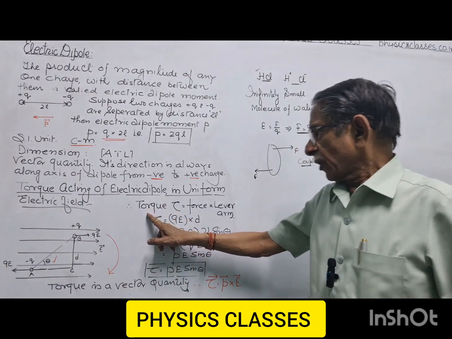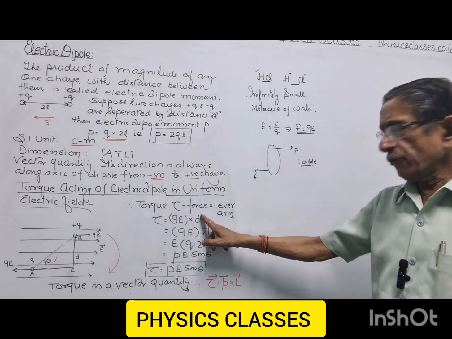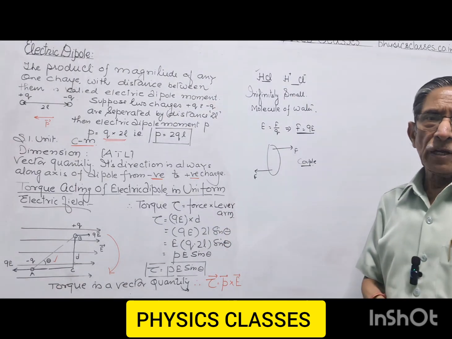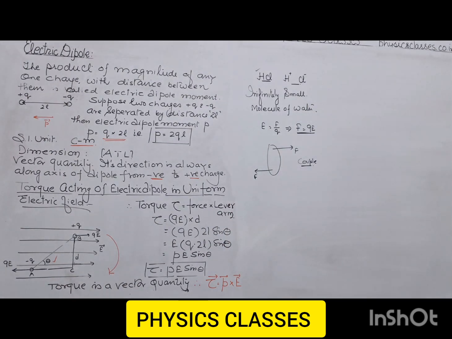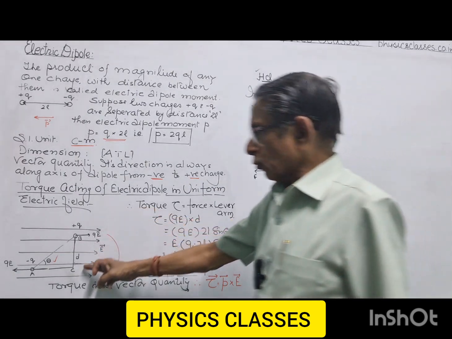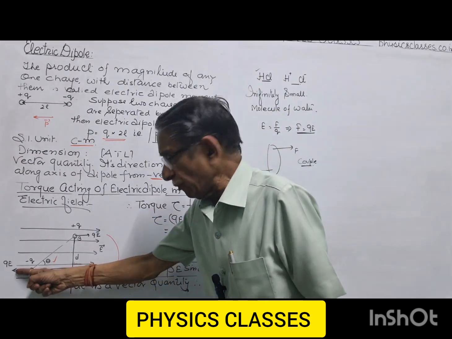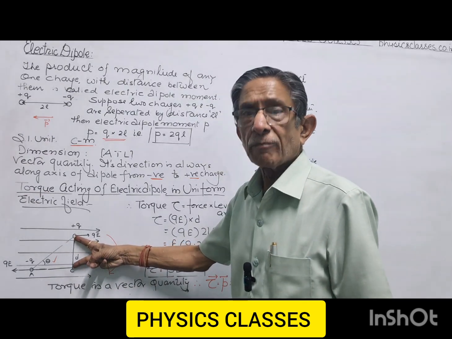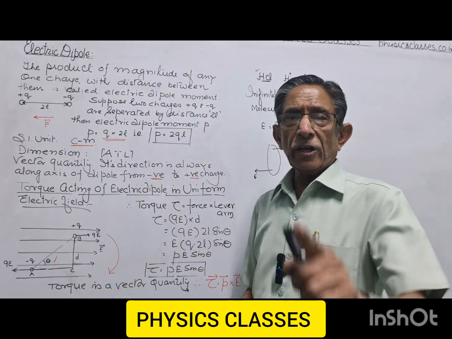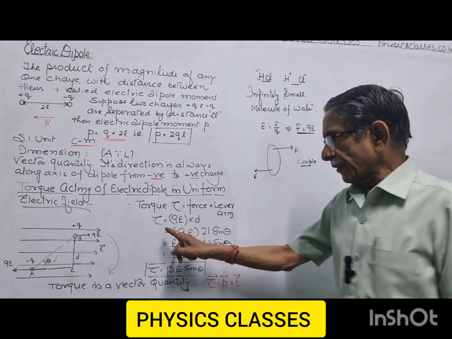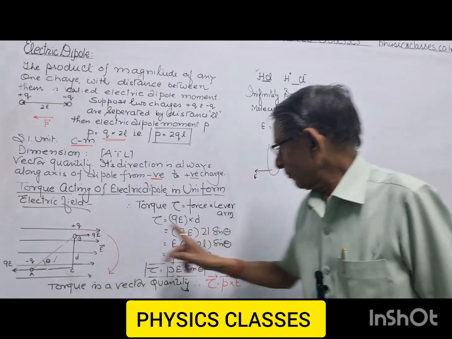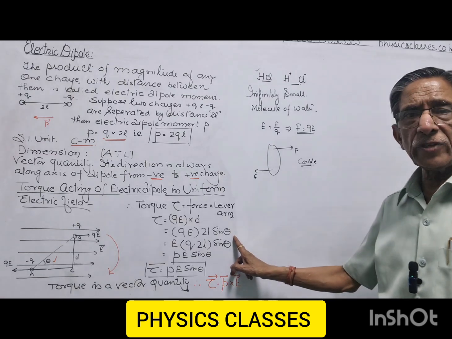So we can write torque is equal to force multiplied by what? Lever arm. What is lever arm? Lever arm is the perpendicular distance between the two forces. This is one force, this is another force. So this distance will be called what? Perpendicular distance. That is lever arm. So I can write force QE, lever arm is what? 2L sin theta.